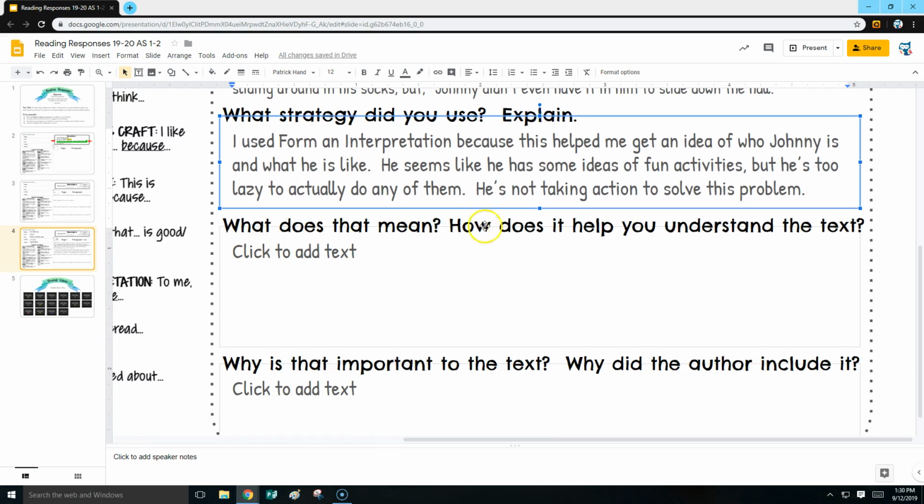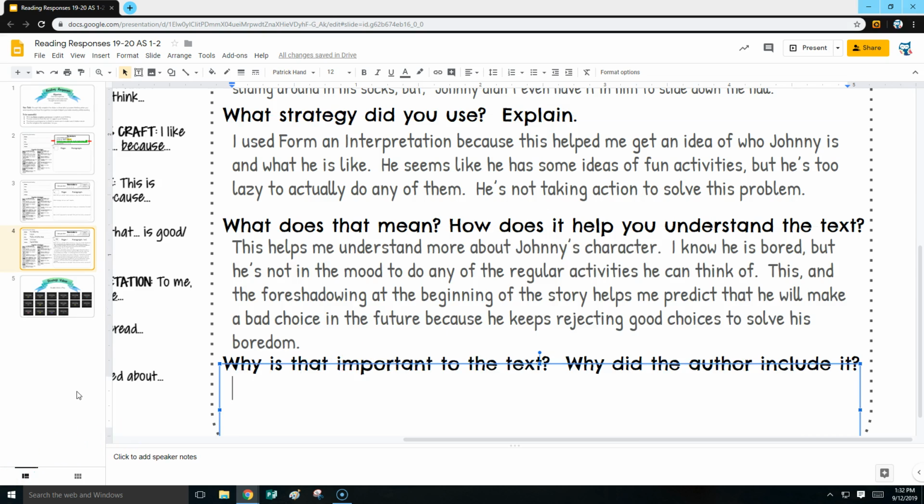Now, what does this mean? How does this help you understand the text? Well, this helps me understand more about who he is, which can help me make predictions about what he's going to do in the future. So I wrote, this helps me understand more about Johnny's character. I know he is bored, but he's not in the mood to do any of the regular activities he can think of.